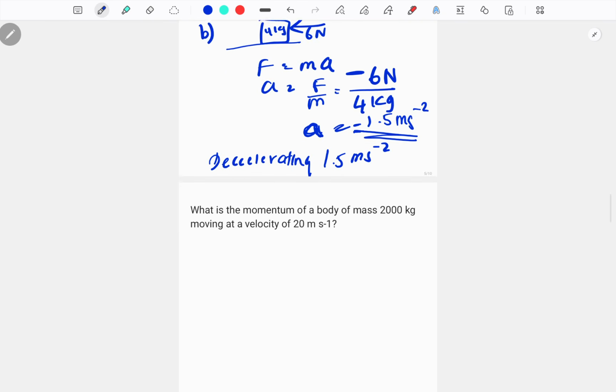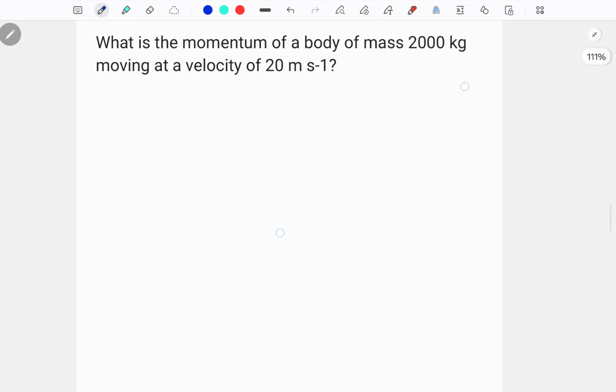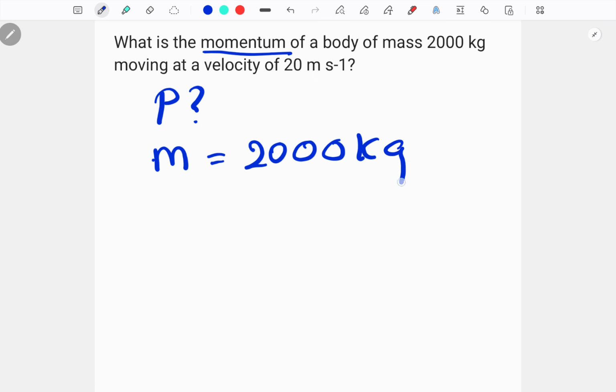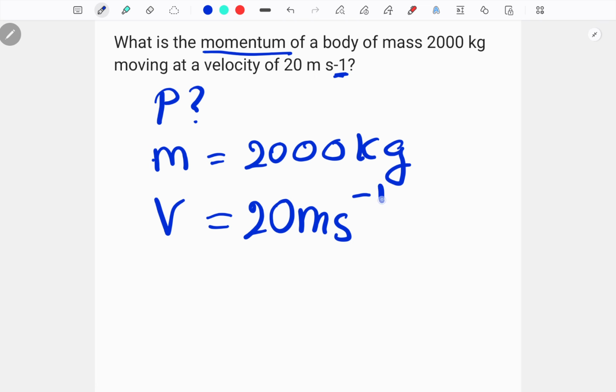Let's move to this. The momentum of a body of a given mass. Now they are asking about momentum. What is the symbol? P. The mass is how much? 2000 kg. Then the velocity is given. You can't keep it like this, you have to put it up at the top, like -1 at the top.